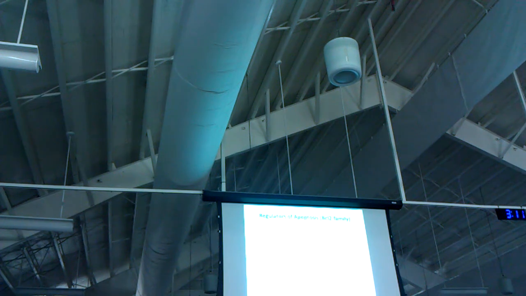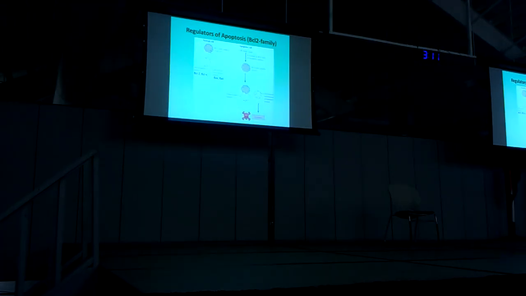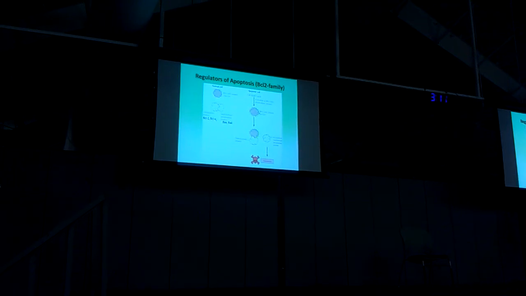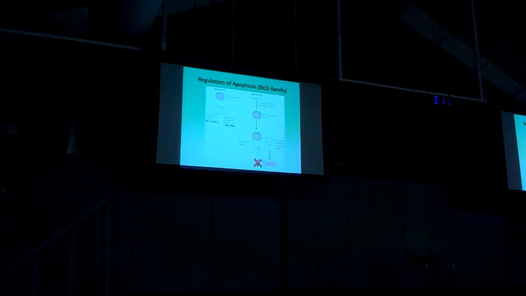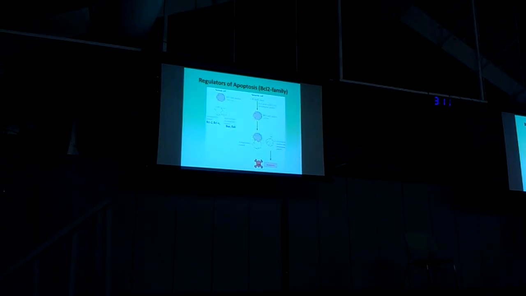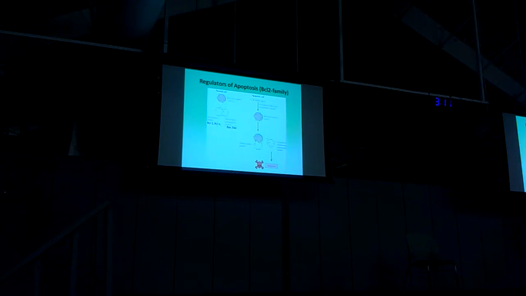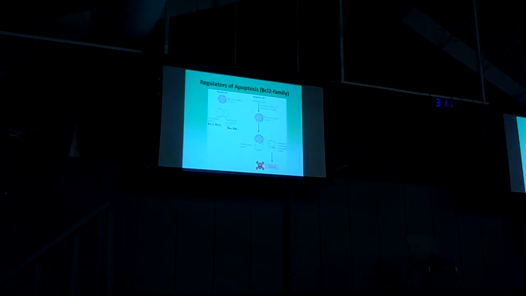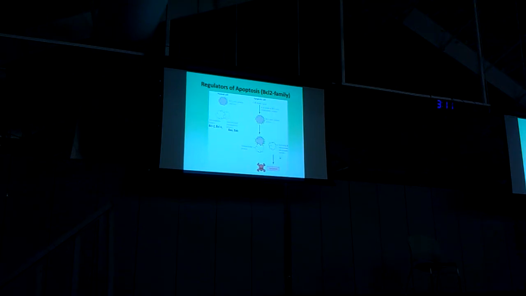Now as soon as this BH3-only protein receives some sort of a death signal, that is going to cause it to become activated. So the BH3-only protein becomes activated, and then what it does is it binds to your anti-apoptotic protein BCL2. This is going to release the pro-apoptotic protein, BAK or BAX, and that is going to cause apoptosis.